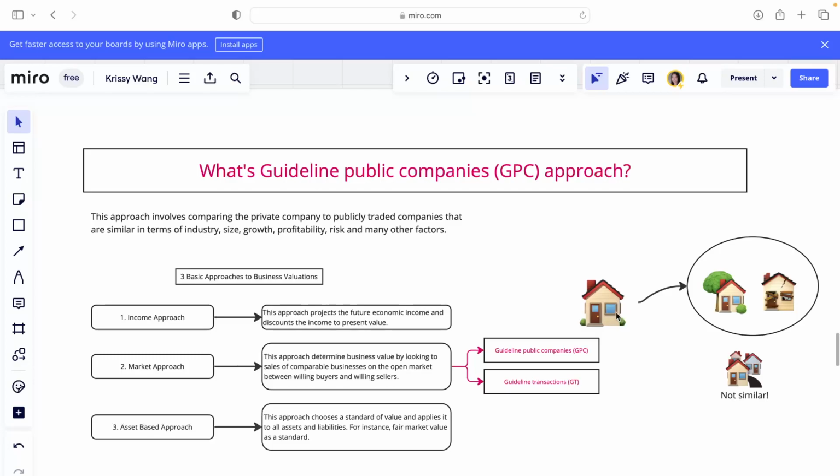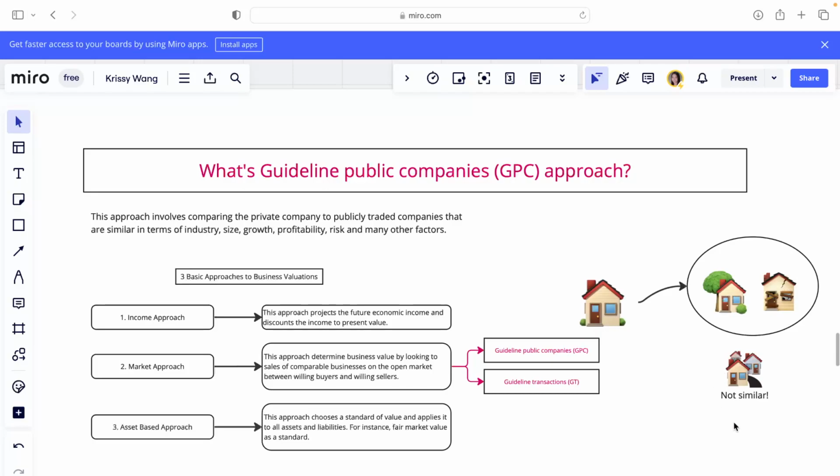So it's like this little house in my example from Intro to Business Valuation Part 2. When you want to evaluate an investment opportunity, which is right here, this house where my cursor is, you want to look at companies on the open market that are similar. You do not look at companies that are not similar.